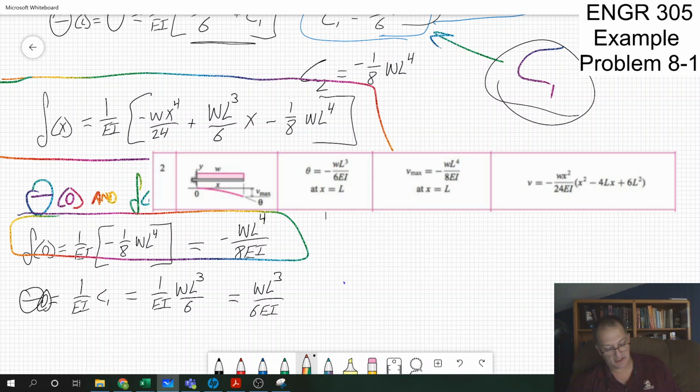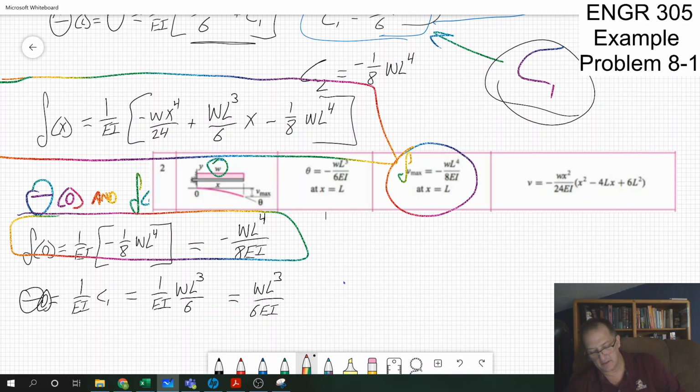Now, is this situation what they're calling case 2? Well, not exactly. Ours is backwards. But would our deflection be the same? Yeah, it would be the same, whether you were going from the right to the left or the left to the right. If you've got a load of W and then a length, their maximum deflection, again, that's delta, is minus WL to the 4th over 8EI.